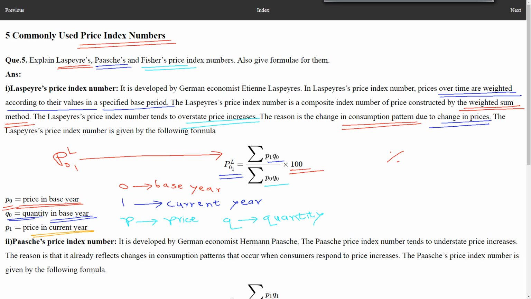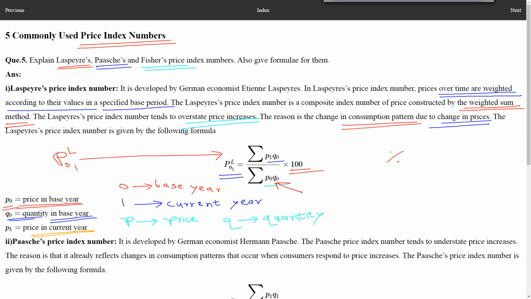It is the sum of products of prices of commodities in current year and quantities of commodities in base year divided by expenditures in base year. So P0Q0, price into quantity, is expenditure in base year. This formula was for Laspeyres' price index number.